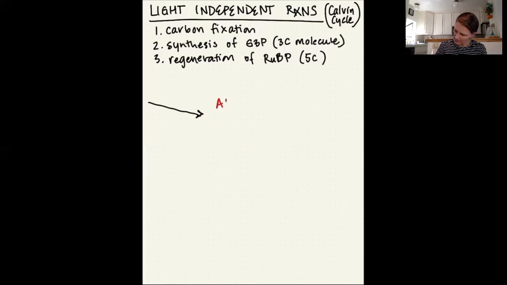We have ATP and NADPH. Those are from the light-dependent reactions. All right? So what we have for the light-independent reactions is we're going to have carbon dioxide coming into the system, right? Remember, carbon dioxide is a 1-carbon molecule.